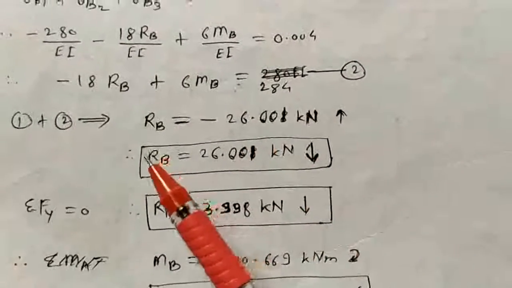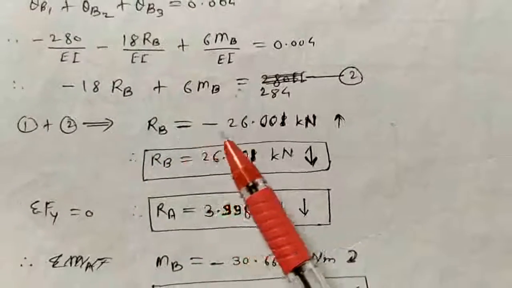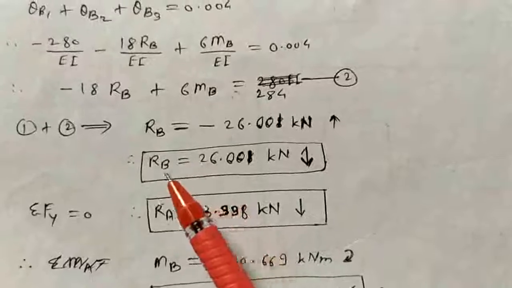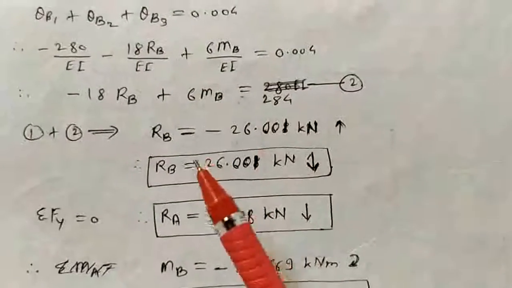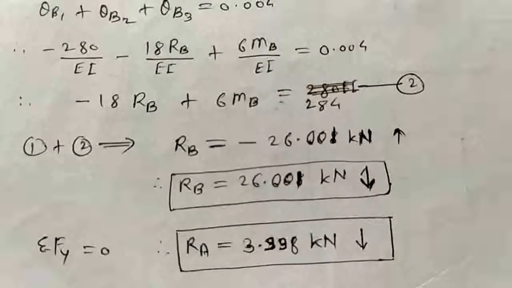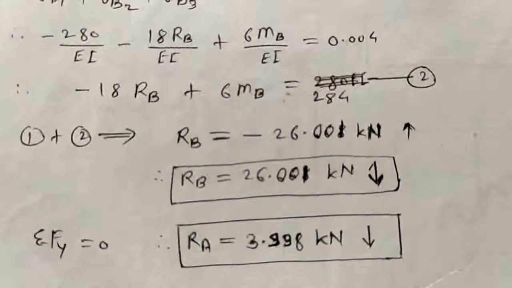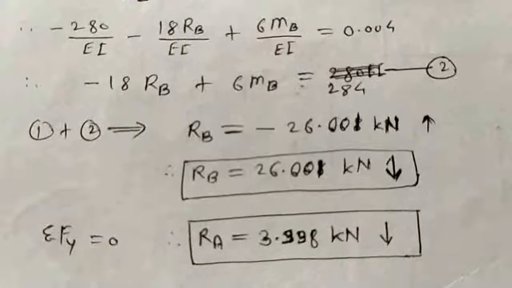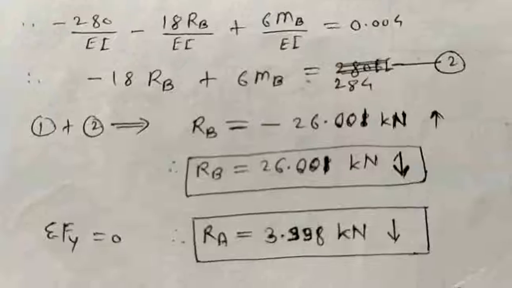Here RB we have got negative, which means the assumed direction is wrong. Previously we had assumed RB going upward, so here RB is negative, meaning RB is going downward.